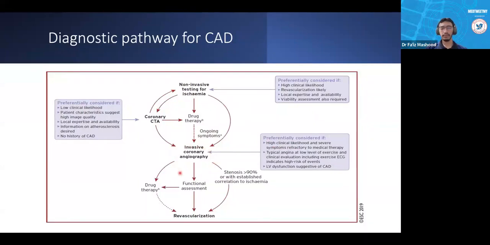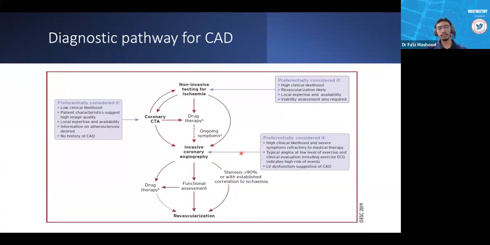So from invasive coronary angiogram, you see here, we divide it into three. Let's say the result of the coronary angiogram is mild plaque disease, or stenosis that does not need intervention. So we go for medical therapy here. If the stenosis during angiogram is indeterminate or uncertain, we can always do a functional assessment during coronary angiogram, which we call an FFR study or QFR study, I think the latest one.